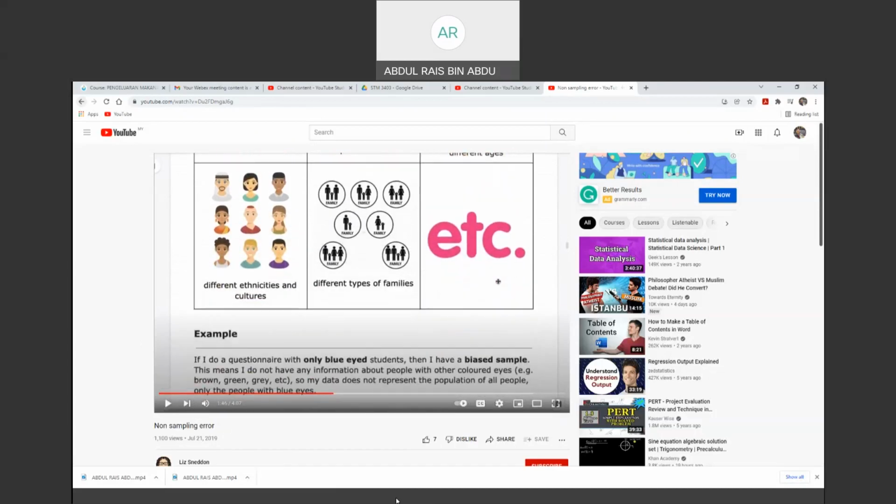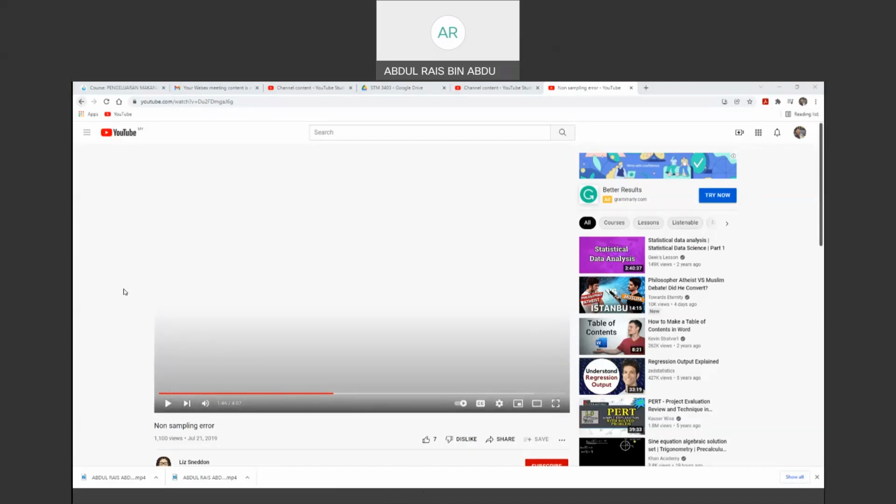Okay, so second type of error that can occur be related to selection bias.